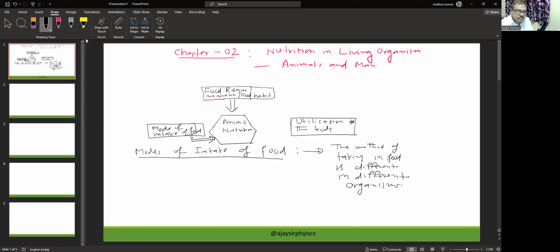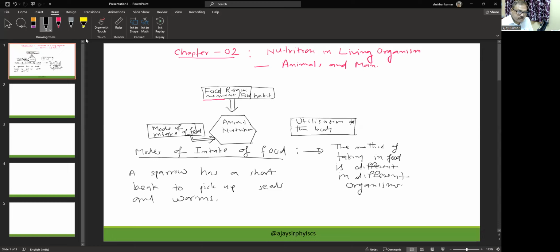Take an example of the way to take food. You think of a sparrow. A sparrow has a short beak to pick up seeds and worms.